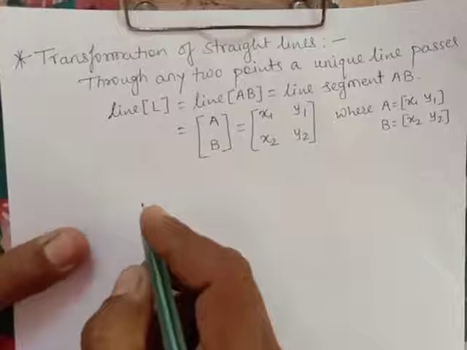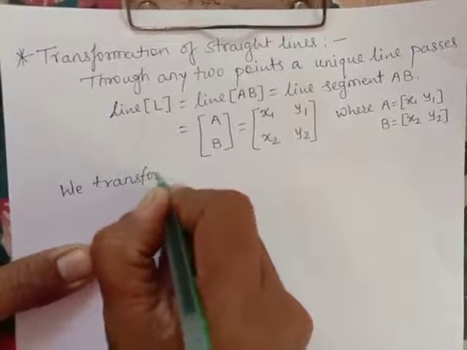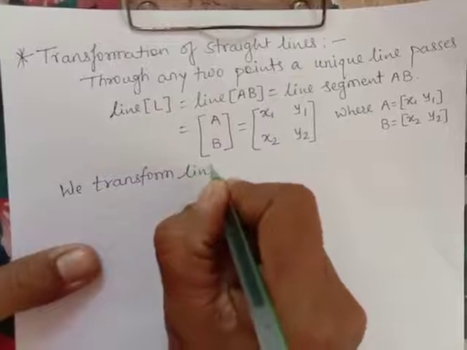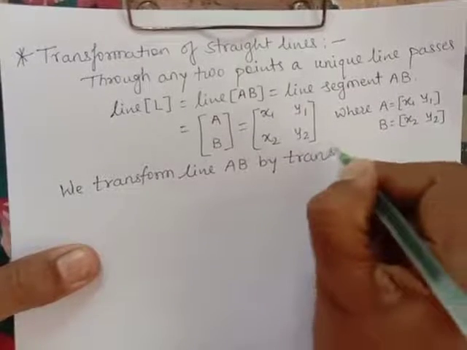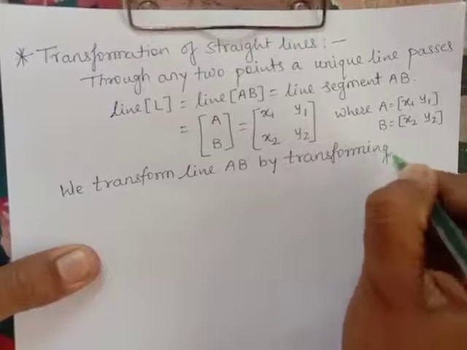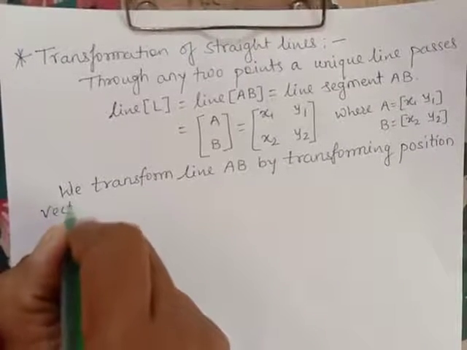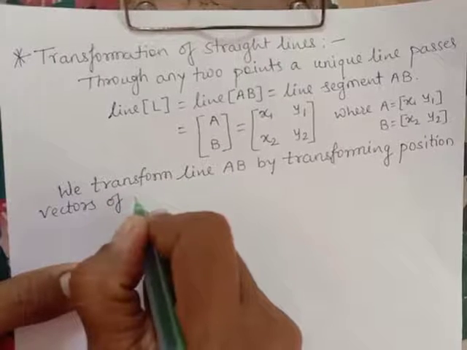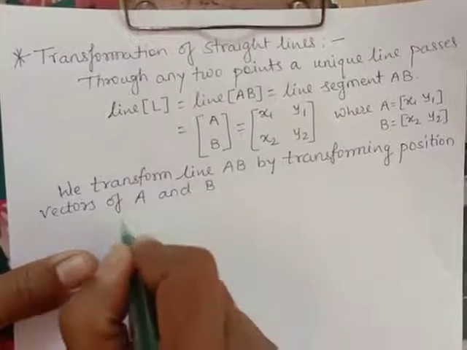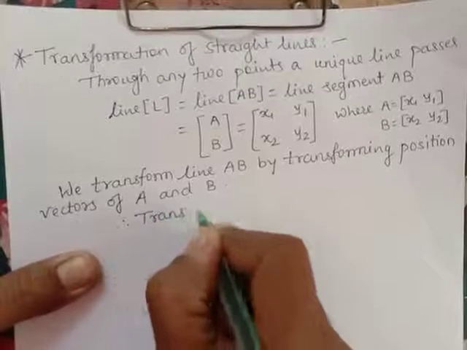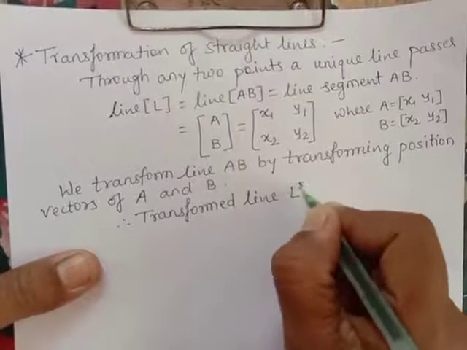Now we transform line AB by transforming the position vectors of A and B. Therefore, the transformed line is L star, a new line.